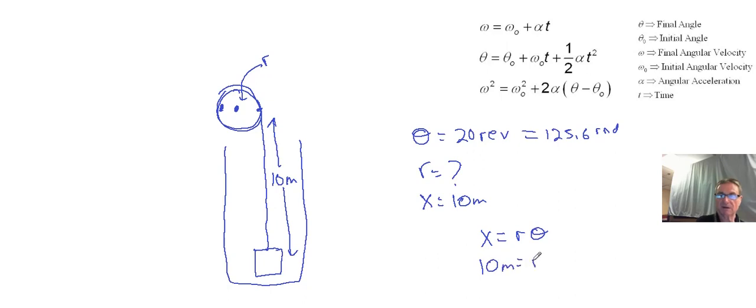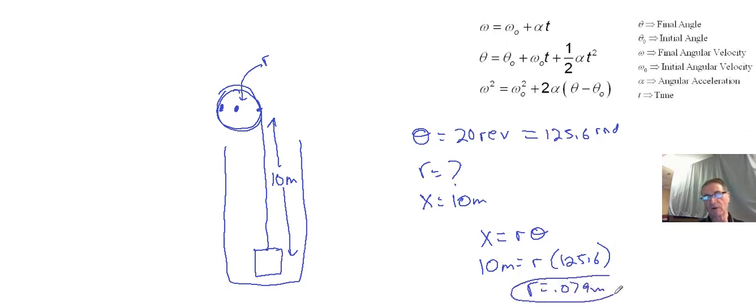So 10 meters is equal to r times 125.6 radians. All right, I divide 10 by 125.6, and I get 0.079 meters as the radius of my wheel, or 7.9 centimeters.